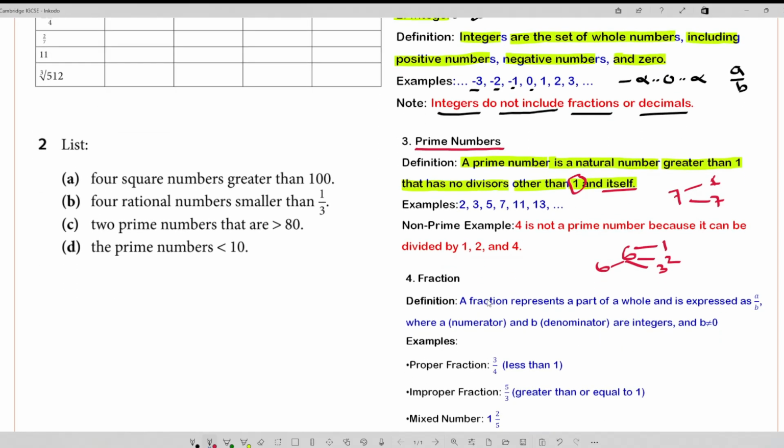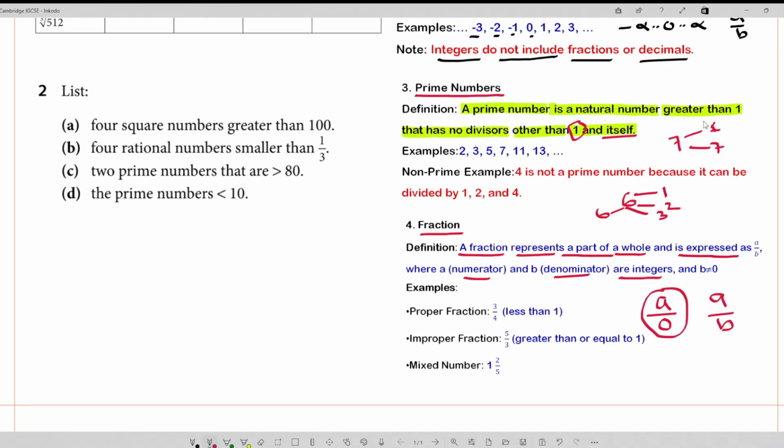And our last topic is fractions. A fraction represents a part of a whole and is expressed as a/b, where a is the numerator and b is the denominator, which should be an integer, and b should not equal 0, because once b becomes 0 it will be undefined. Fractions have 3 types.